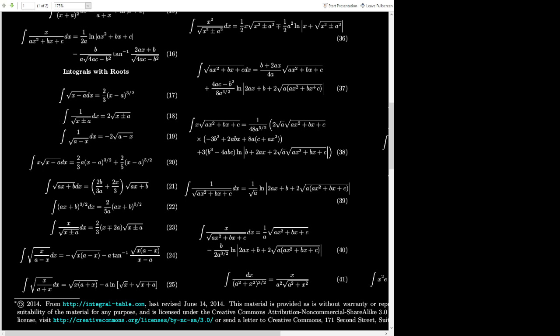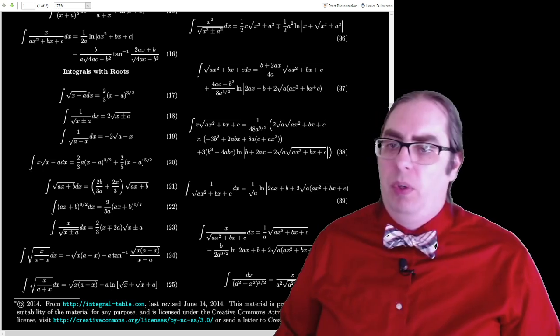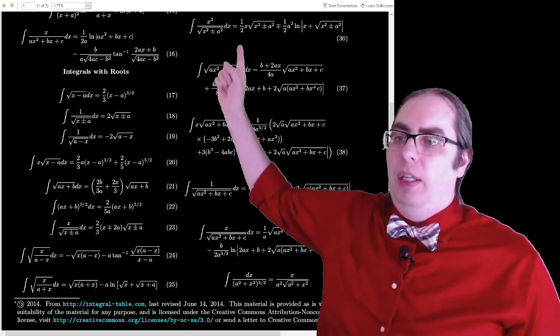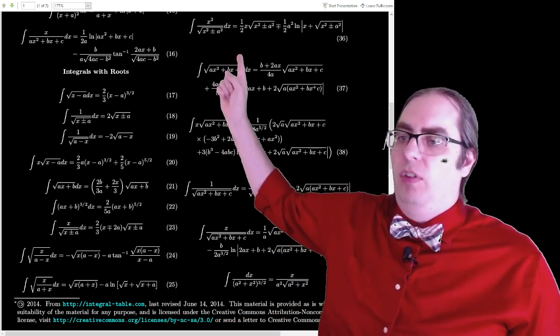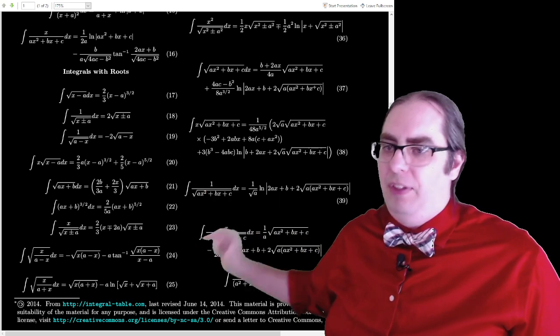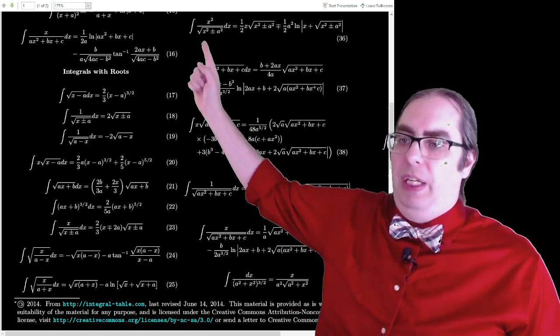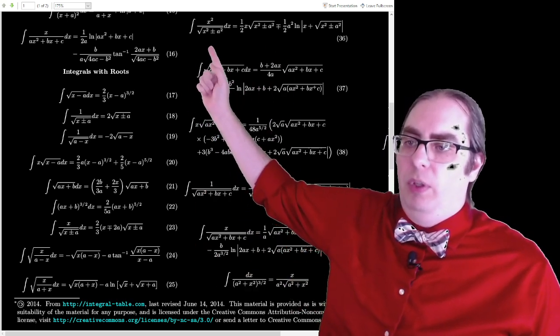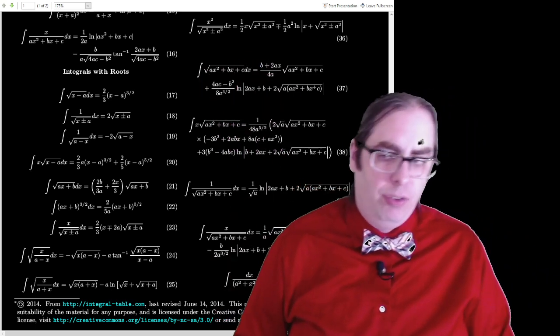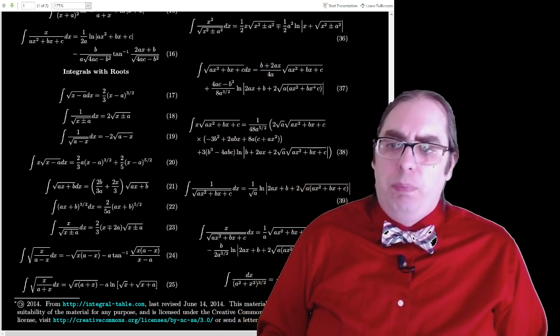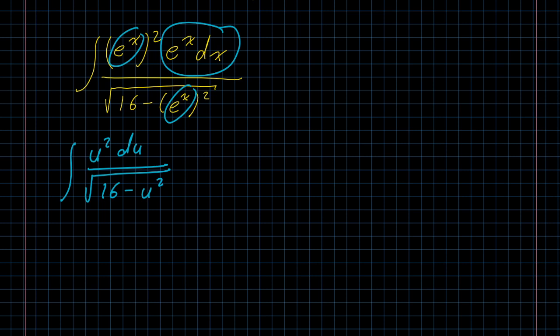Actually, no, I've set this up just right so that it won't. There it is, number 36. So you have to go all the way down this column, all the way up the next one. But here we have x squared over the square root of x squared plus or minus a squared. And that's pretty close to what we have here.